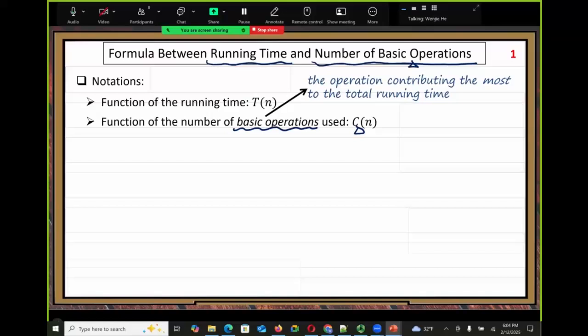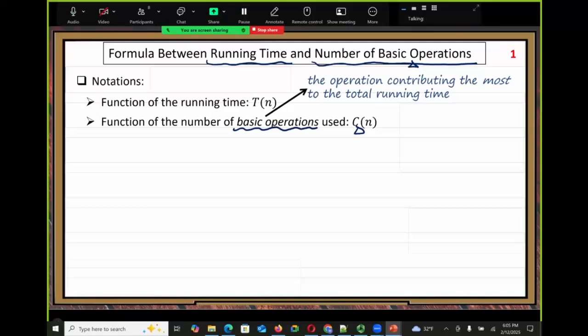For example, in our polynomial problem, multiplication contributes the most, so we treat multiplication as the basic operation.